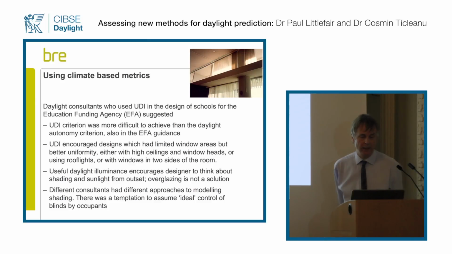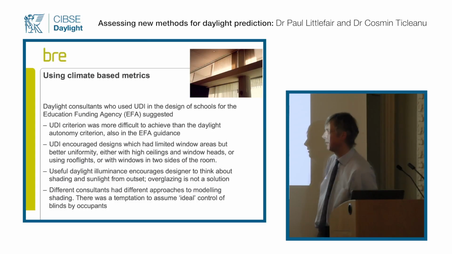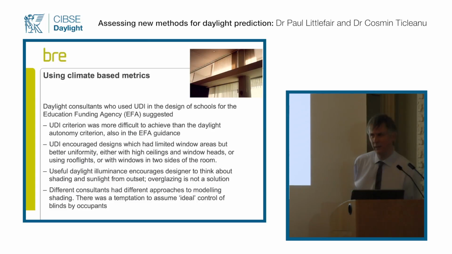And the useful daylight illuminance also encouraged designers to think about shading right from the outset. As a daylight designer, one of the tempting things is always to think, well, we'll control the sunlight later on.